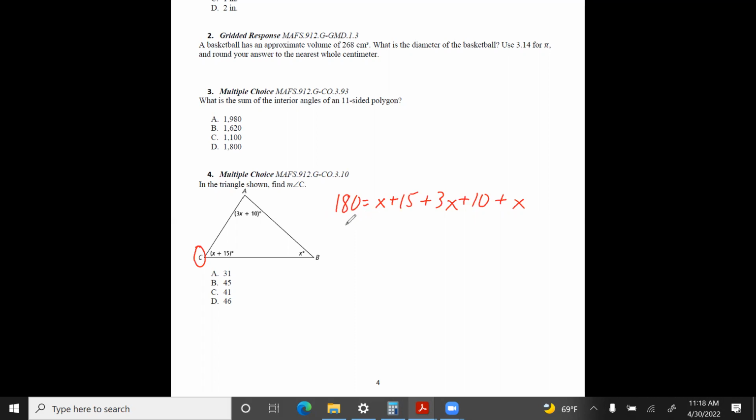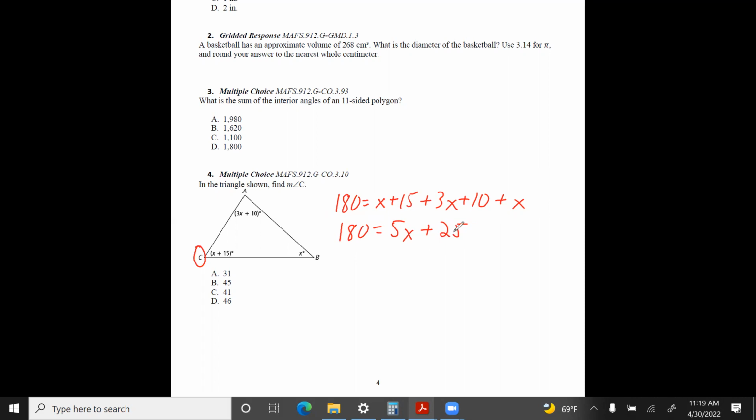Now, combine all of our like terms. So we still have 180 on the right side of our equation. We have an x, a 3x, and another x combined together to give me a 5x. Then we have our constants of 15 and 10. We can add those two together, gives us 25. So the right side's been simplified.